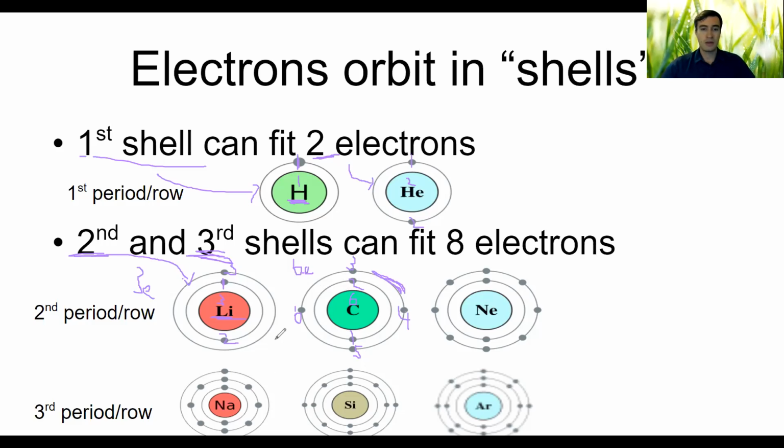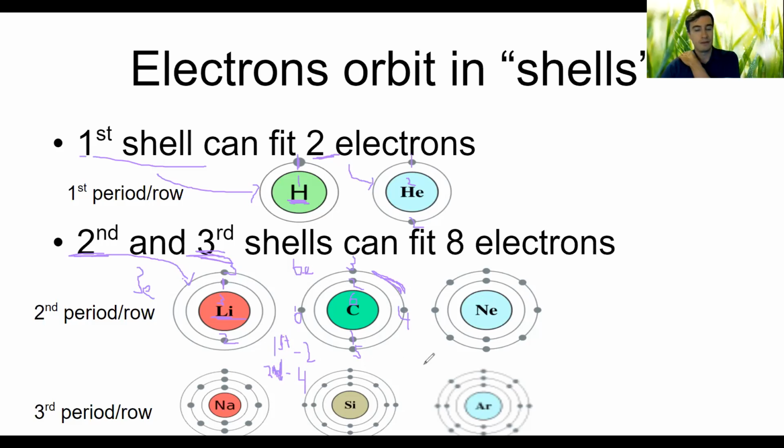So carbon has 2 electrons on the first shell and 4, that says second, I know. Writing on a computer screen with a mouse and keyboard is very difficult.